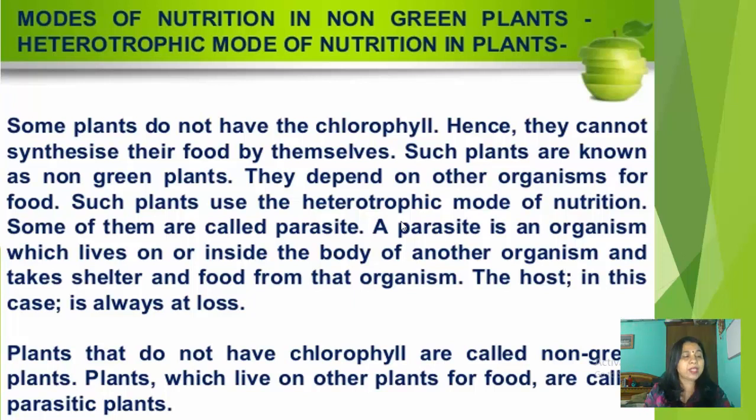There is one more parasite, Rafflesia, which is a parasite of tetrastigma plant, and it is also an example of a complete parasite. So the plants that do not have chlorophyll are called non-green plants, and plants which live on other plants for food are called as parasitic plants.